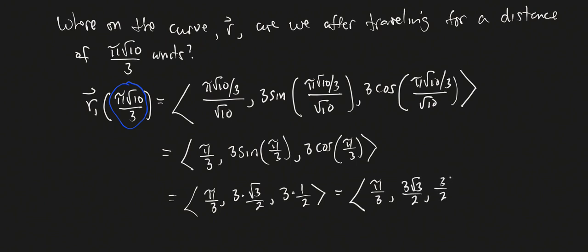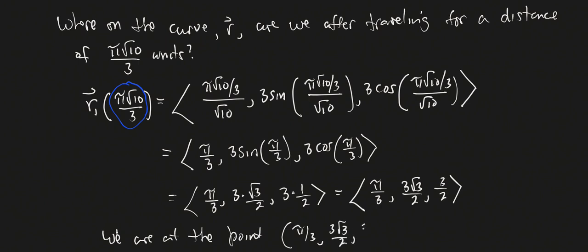This is our position vector. The terminal point of this position vector is where we are on this curve after traveling this many units. So we are at the point pi over 3, 3 root 3 over 2, and 3 over 2.